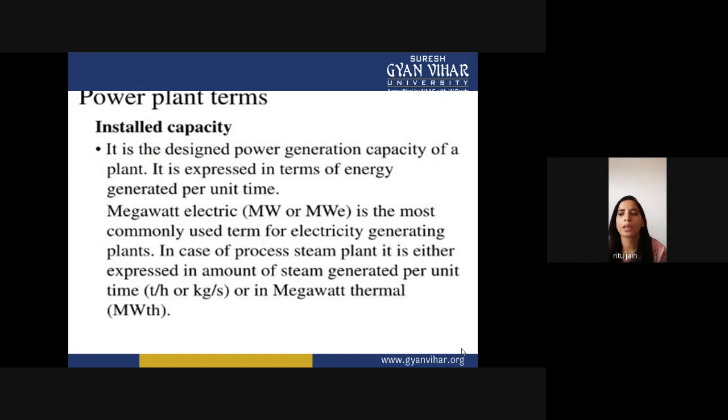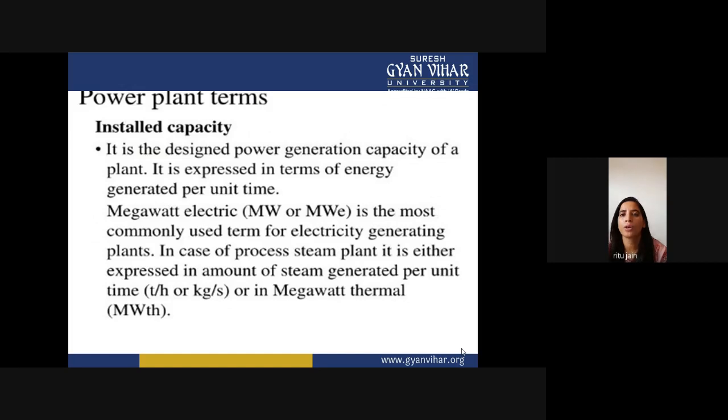In case of a process steam plant, it is either expressed in the amount of steam generated per unit time or in megawatt thermal.